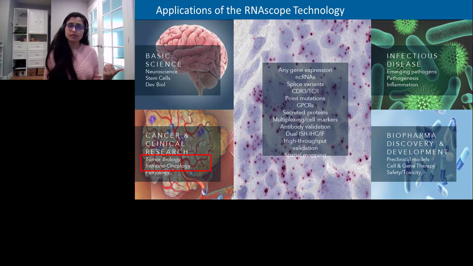Then we are also used in biopharma discovery and development to assess the preclinical safety and specificity of certain cell and gene therapies. And finally, we have been used in cancer and clinical research. For the purpose of today's presentation, I'll be focusing on the applications of RNAscope in tumor biology and immuno-oncology.